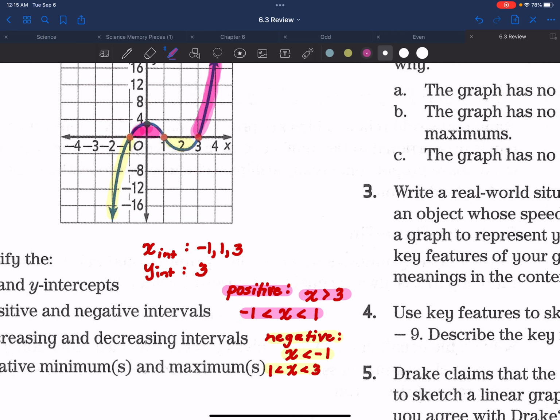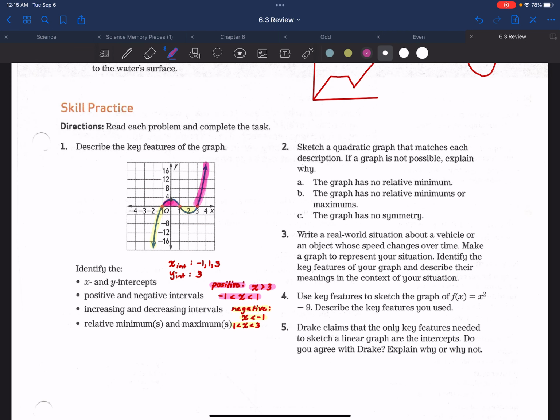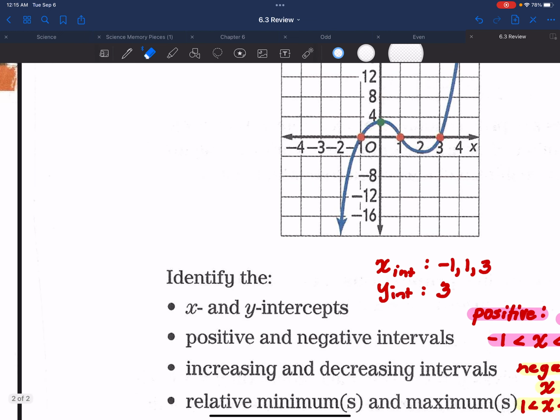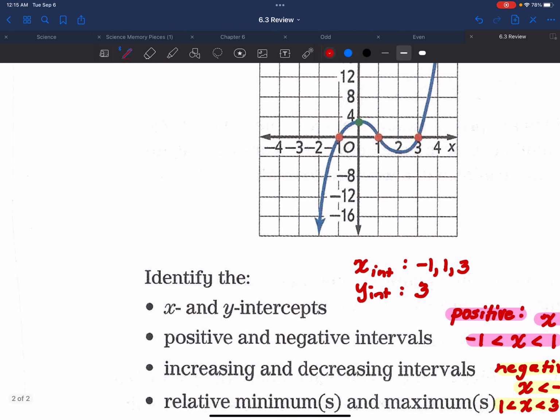Sorry about that. I'm just batty. Increasing and decreasing. This is what I was trying to do. Increasing intervals. Remember, that's when your graph is climbing. It's increasing.